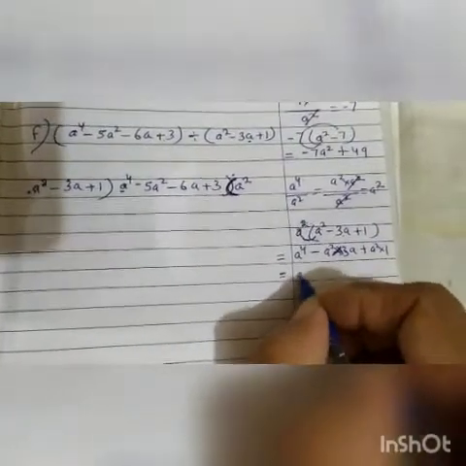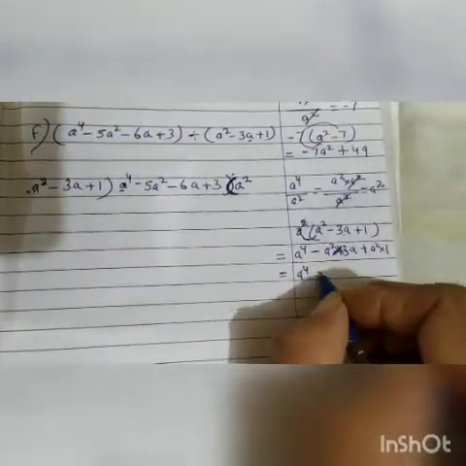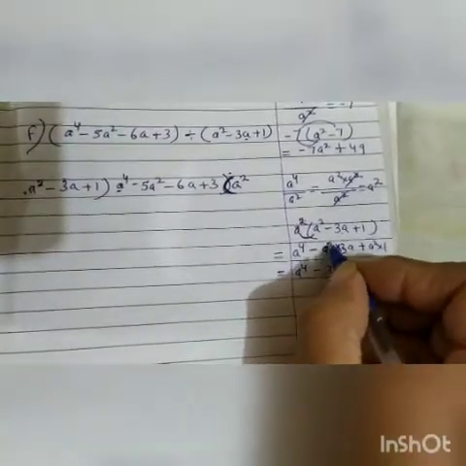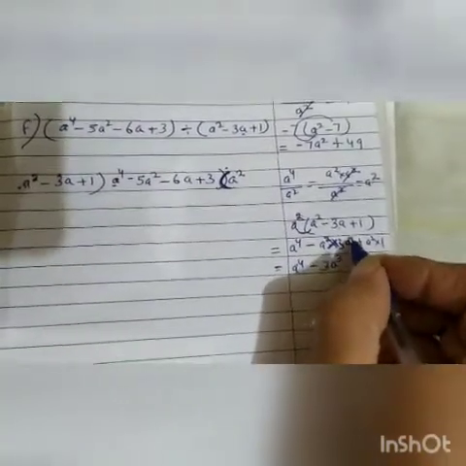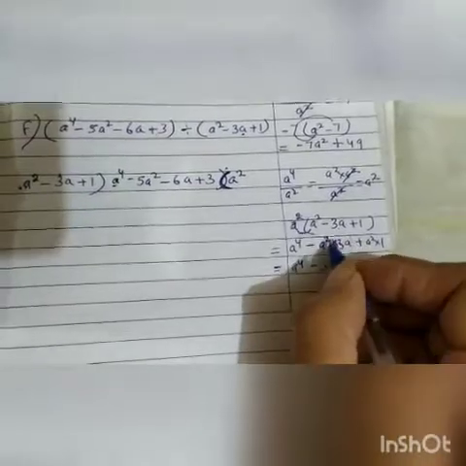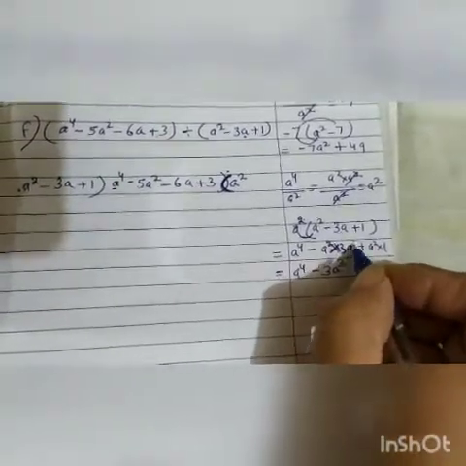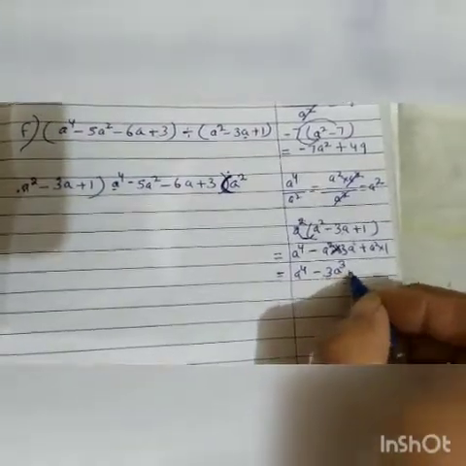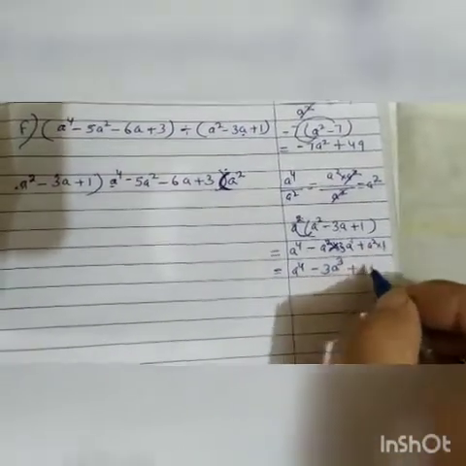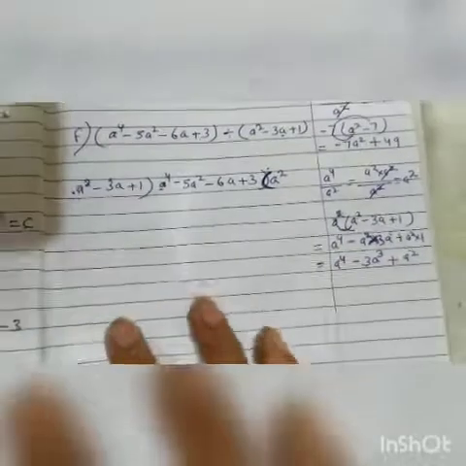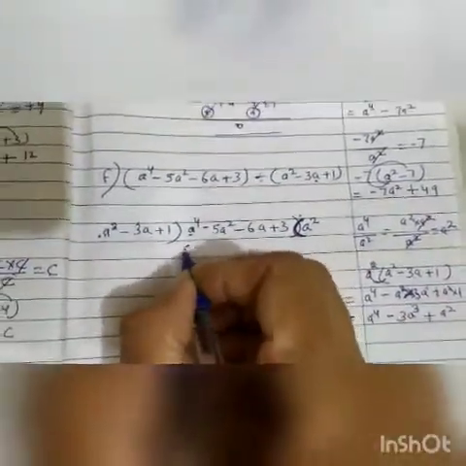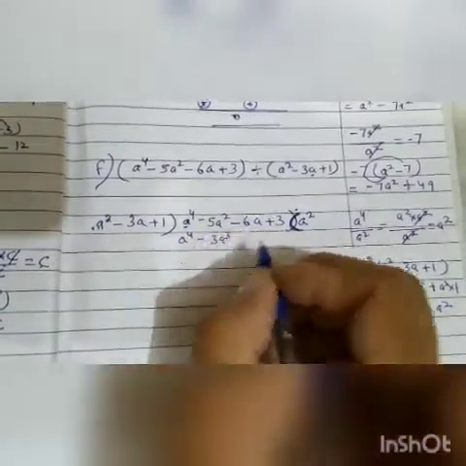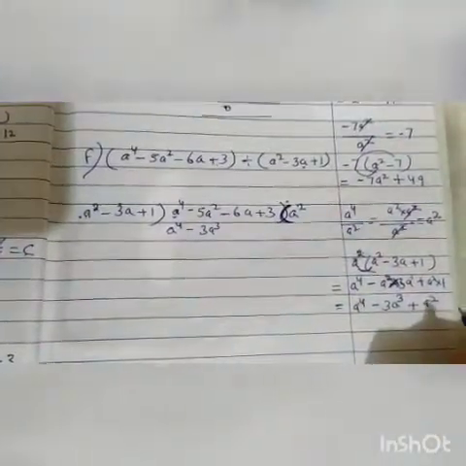So we will get a power 4 minus 3a cube. See here, this is a square and this is considered as a power 1. So a power 2 plus a power 1, 2 plus 1, 3. It will become 3a cube plus a square multiplied by 1, a square. We will write this product here, a power 4 minus 3a cube plus a square.